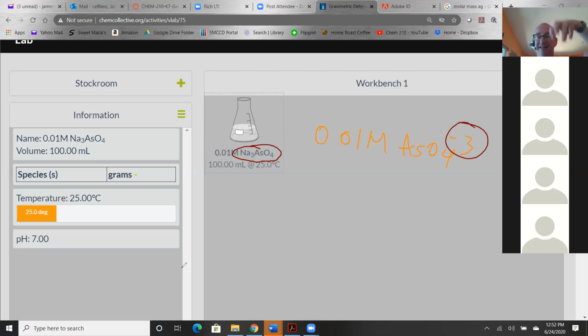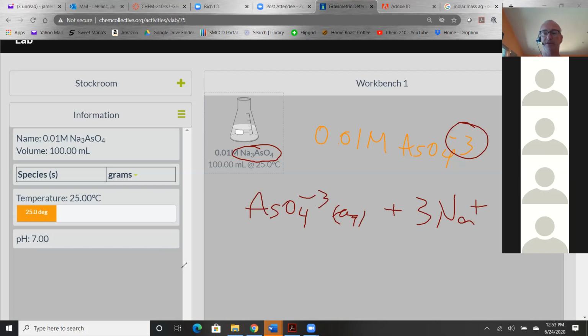When I put it in solution, and remember, molarity means solution, all of it is in solution. So when it goes into solution, they separate. For every 1 mole of arsenate that goes in solution, there has to be 3 moles of sodium ions for the charge to balance. And so my concentration of sodium is 3 times as much.